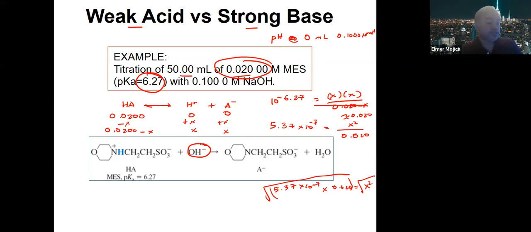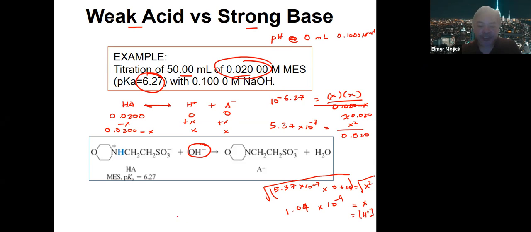I get around 1.036, or 1.04, times 10 to the negative 4 for X, and that is the H plus.